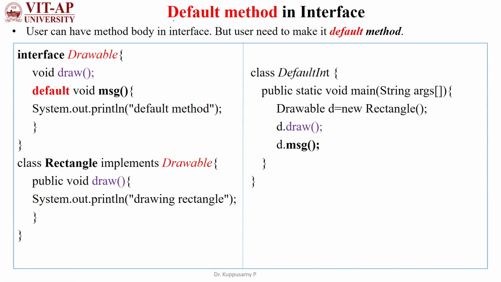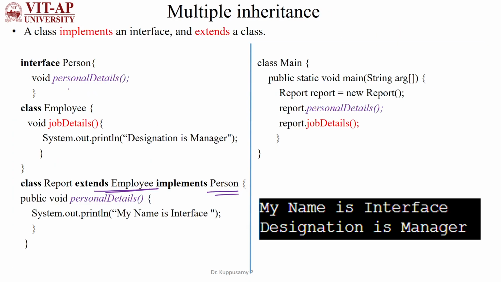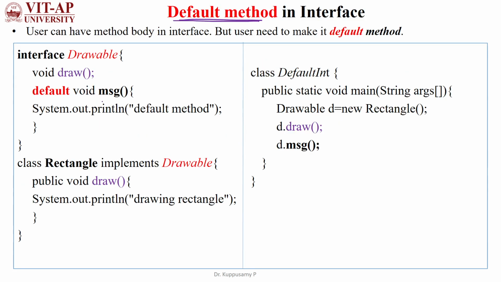Another topic is the default method in an interface. Until now we have seen only abstract methods inside the interface. Now we are going to see a method with a body of content. Look here, the method available inside the interface has a body.